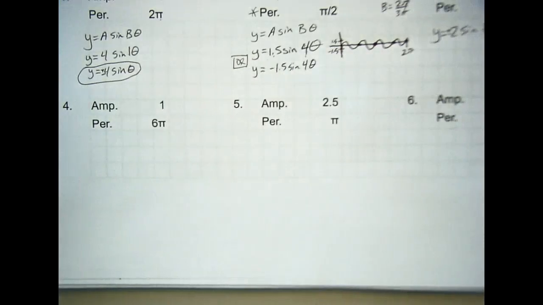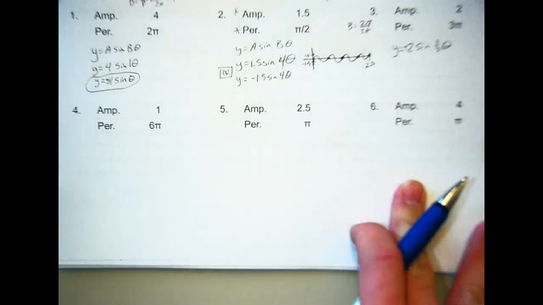Pass those out, please. What's number 6? Elizabeth, you pass these out. Number 6, amplitude 4, period pi. There you go.